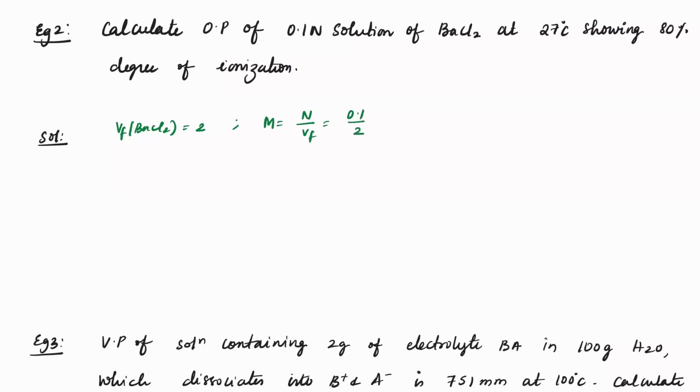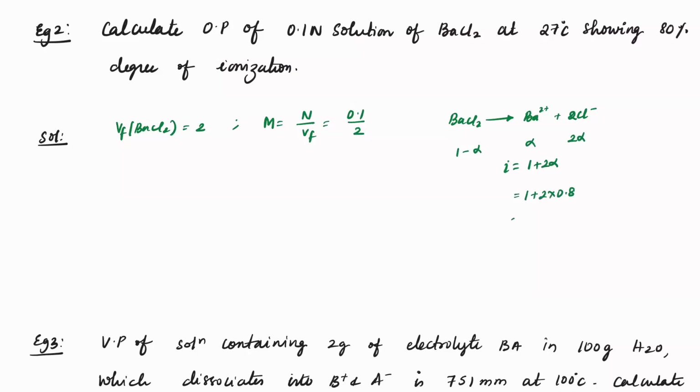Hence, for the Van't Hoff factor i, notice this one: BaCl2, if it dissociates, will become Ba2 plus and 2 Cl minus. So that makes it 1 minus alpha, and 2 alpha, that makes it 1 plus 2 alpha. That is your Van't Hoff factor i, which is equal to 1 plus 2 times 0.8.